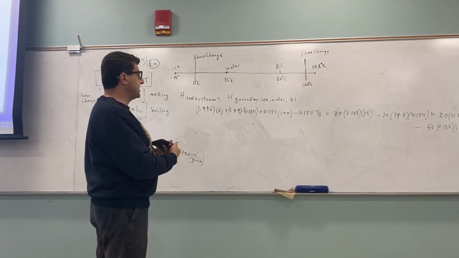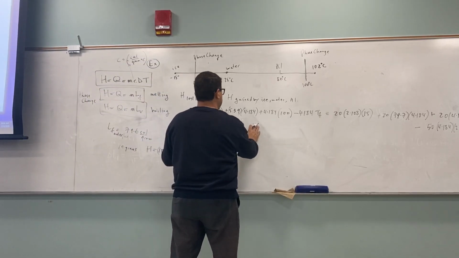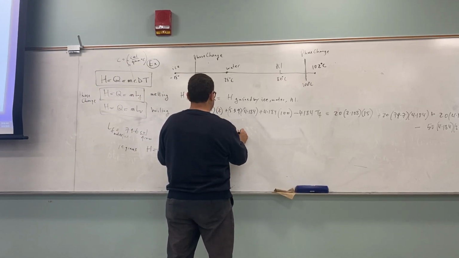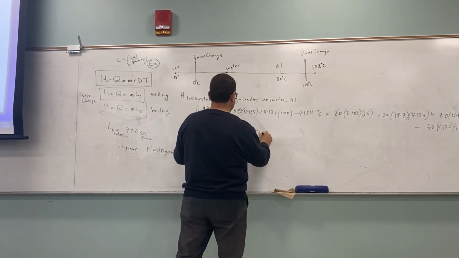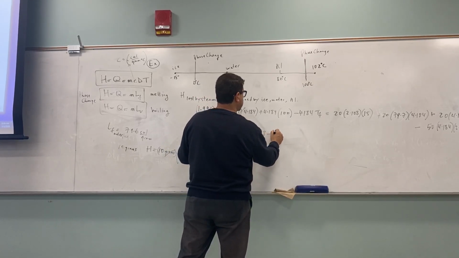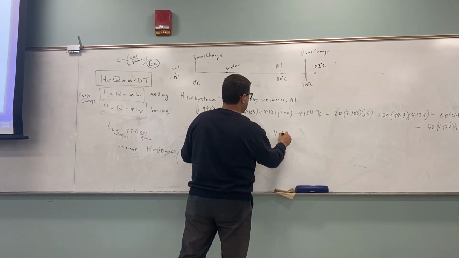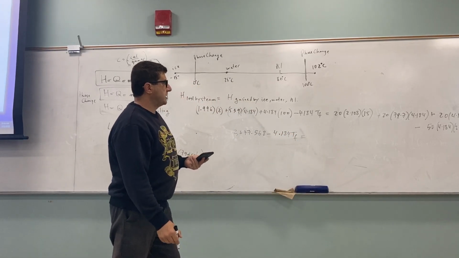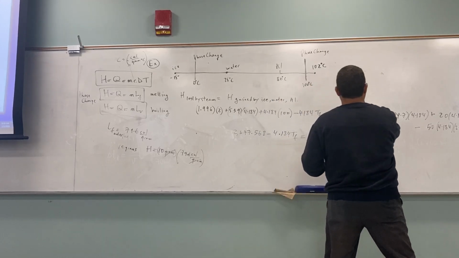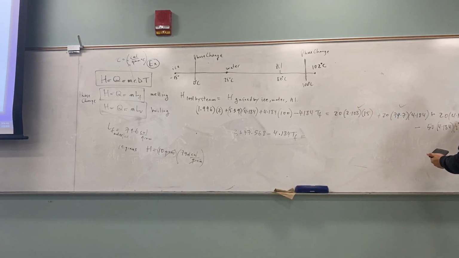So anything that doesn't have a T, I'll just combine them. 2,677.568 minus 4.184 T final. Okay, so now I'm going to combine this, not this, and then just this and this.